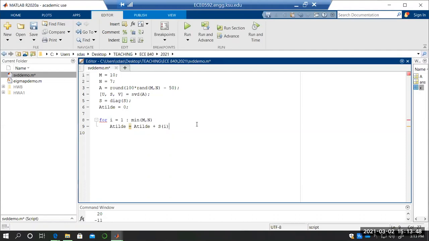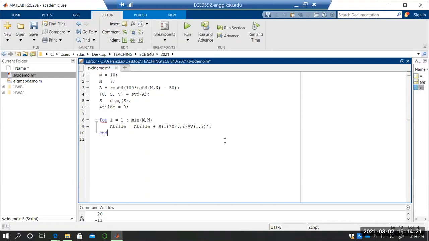But for understanding purposes, let's take S I star U I, so U column I star V I transpose. So I'm doing the summation here in this for loop.